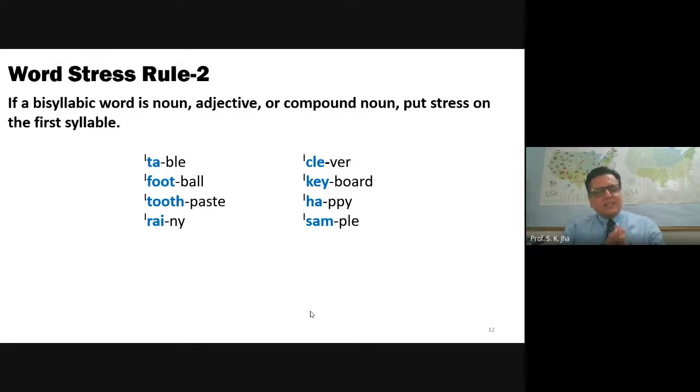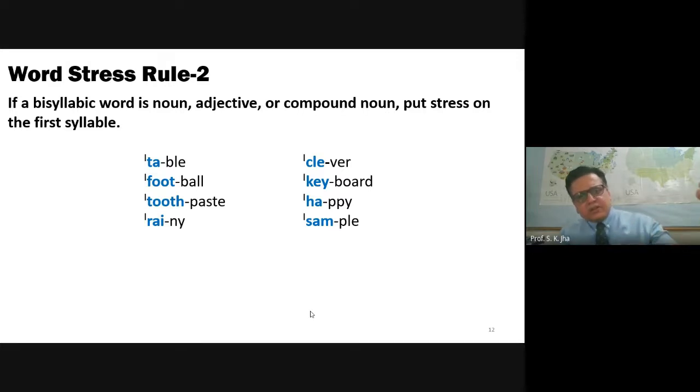Because the rule says that when you have a bisyllabic word, and if that word is a noun or adjective or compound noun, so table is your noun, football is again your noun, toothpaste is your compound noun like keyboard, then again you have an adjective like clever.